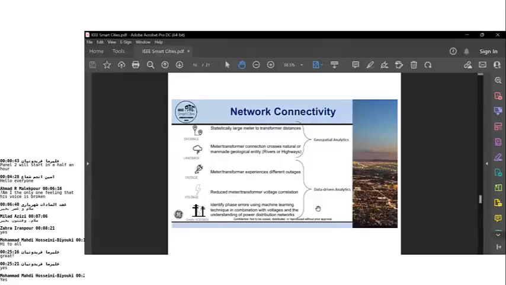The other one is more data-driven, where we look into the outages, where both meter and transformer can have different outages, and voltage measurements at the meter level that can be used, as well as the grid structure, the connectivity between the nodes that are forming the feeders, which are of great importance. Next slide, please.